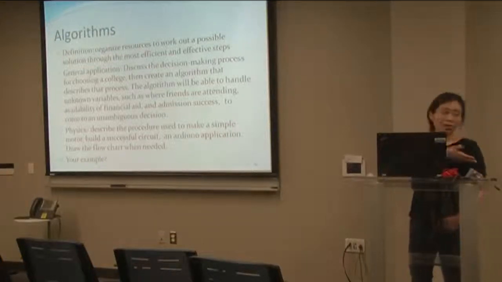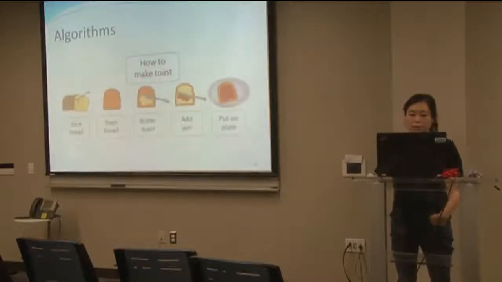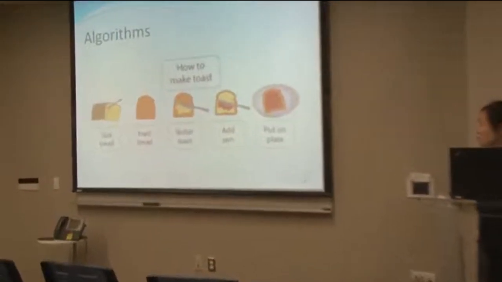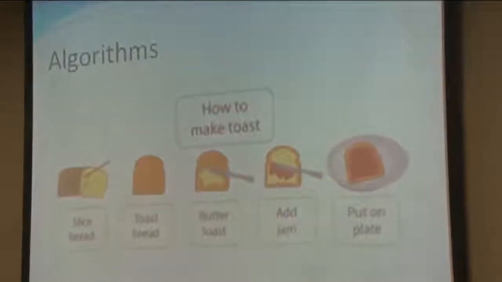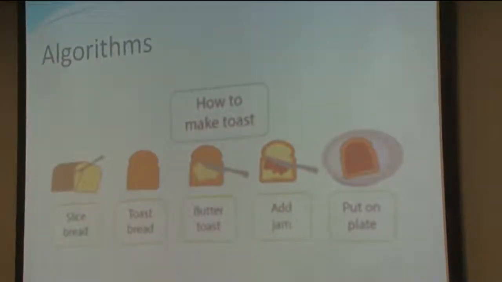Later we will talk about Arduino. Here is an example from everyday life: how to make a toast. Probably in life we don't consider this an algorithm, but in fact, it's a simple one.